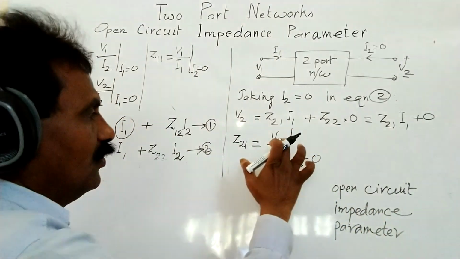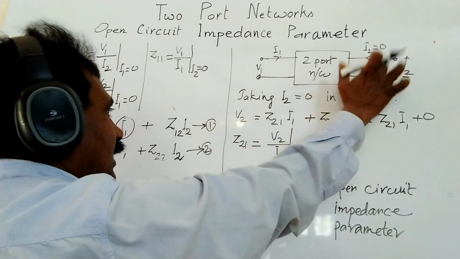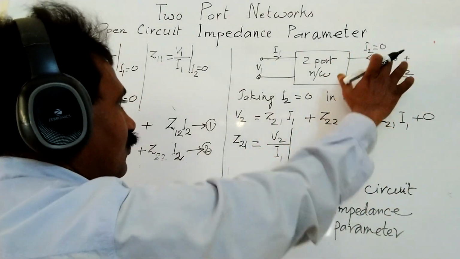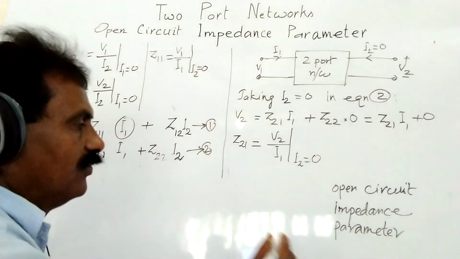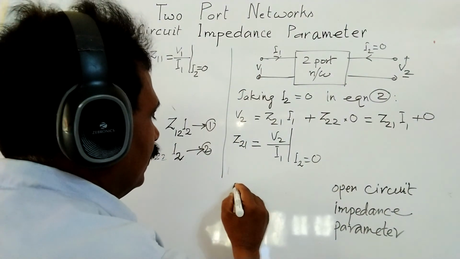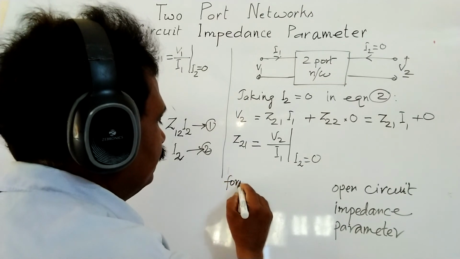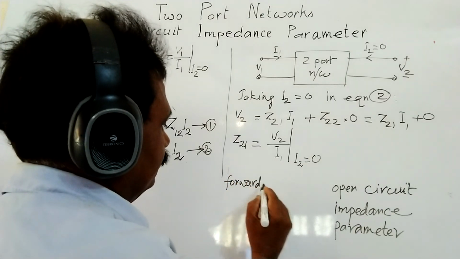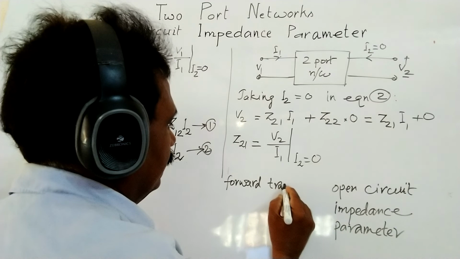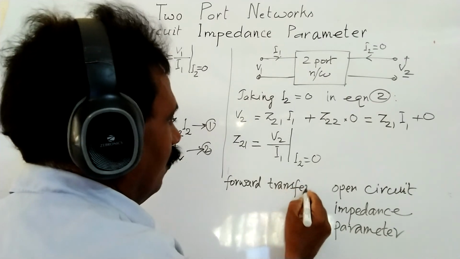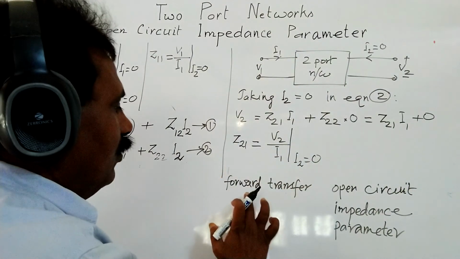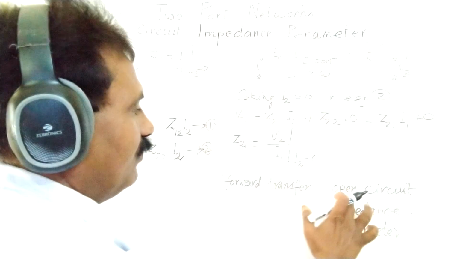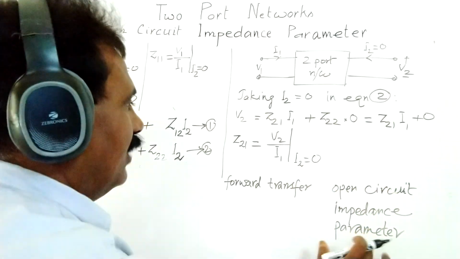This is the ratio of the voltage of the second port, the output port, and the current of the input port. Therefore this is known as the forward transfer open circuit impedance parameter. The full name of this one is forward transfer open circuit impedance parameter.